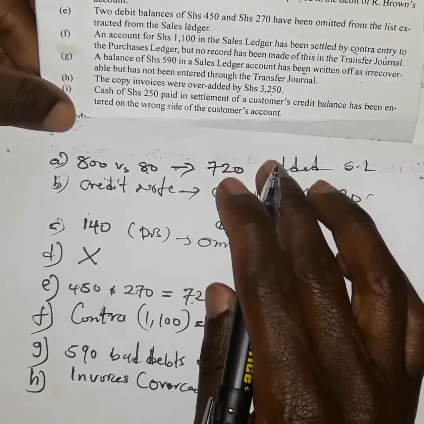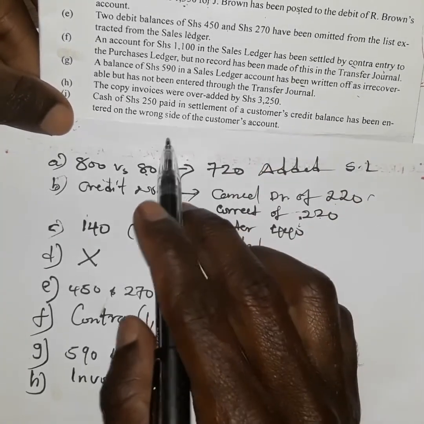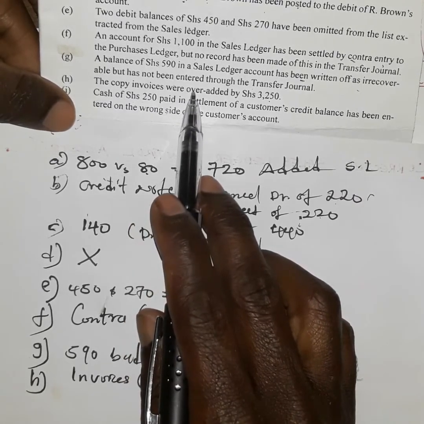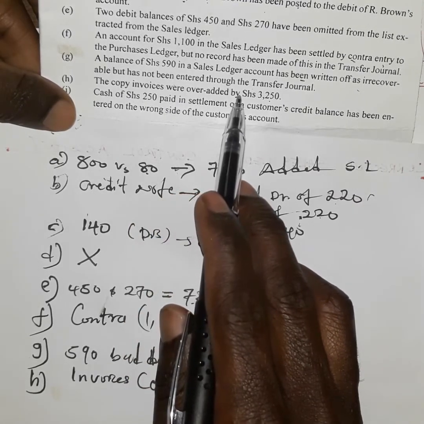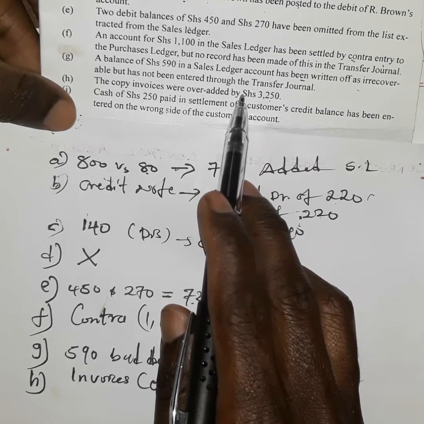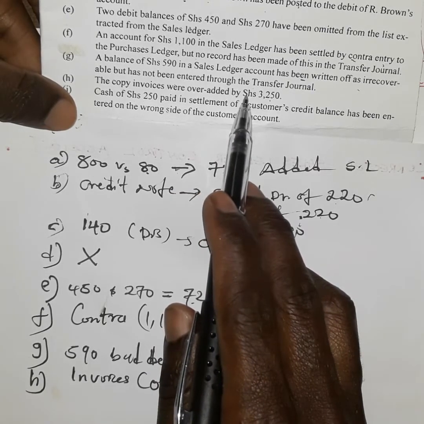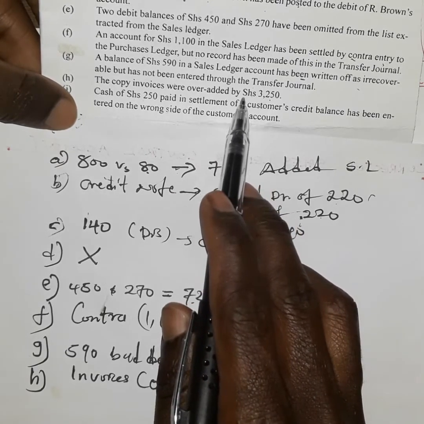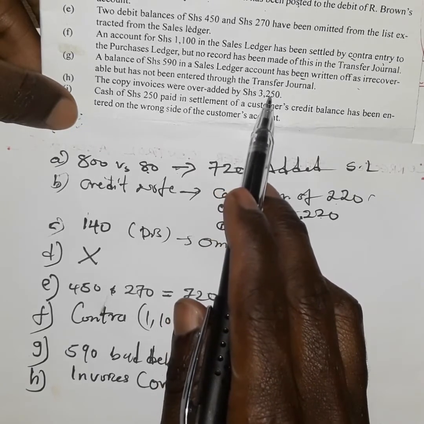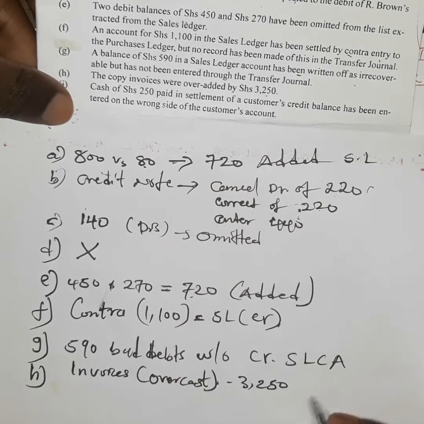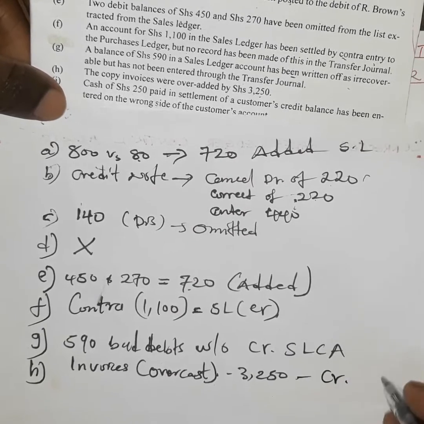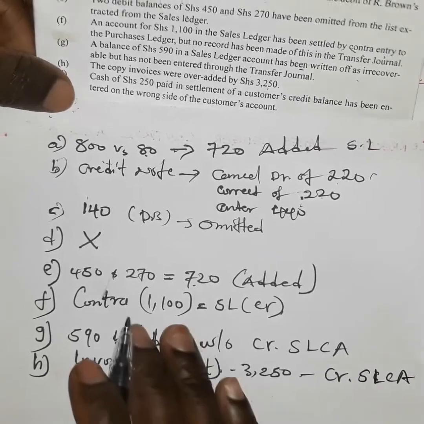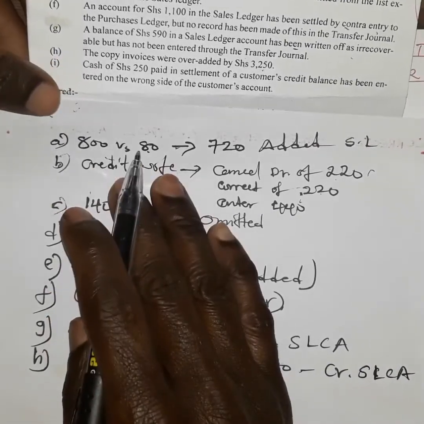Now you see, invoices normally state what customers are supposed to pay, and therefore it means there was an overcast. An overcast means there was an overstatement of what customers ought to pay, and in this case we are supposed to issue a credit note alerting the customers that their account is being reduced and therefore is being credited. So this one will be shown on the sales ledger control account as the credit balance. Then we go to the last one.